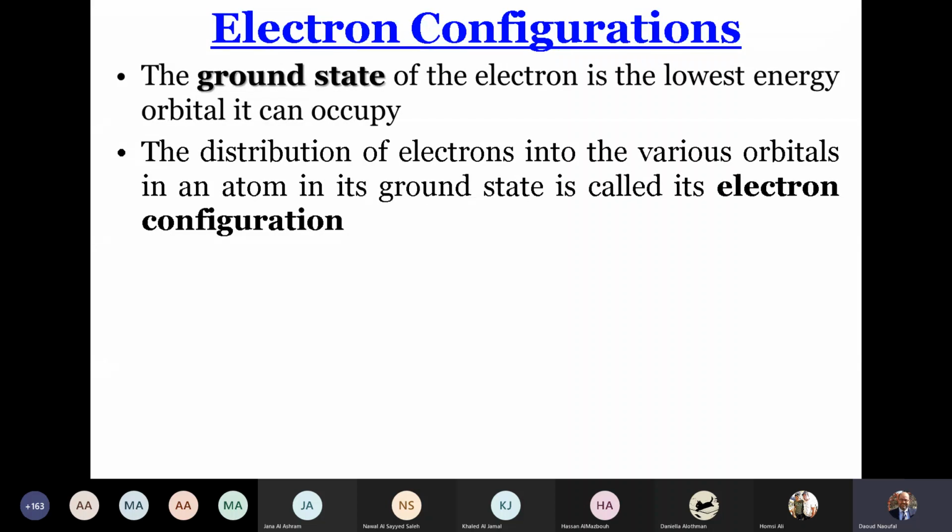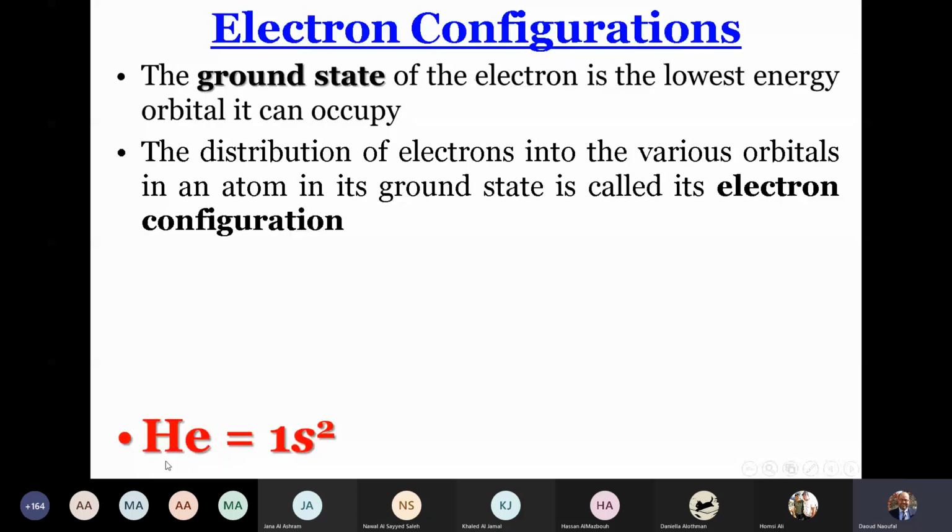For the electronic configuration at the ground state, we follow the Klechkovsky rule. For the electronic configuration at the excited state, we have one electron that is excited from its initial place to another place, which is the excited state. And we will have exercises on writing these two types of electronic configuration.